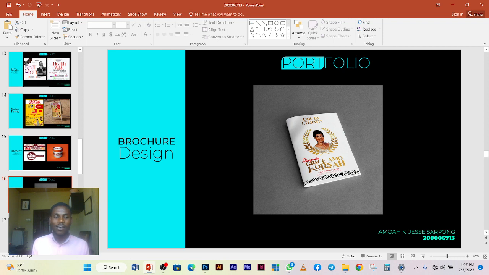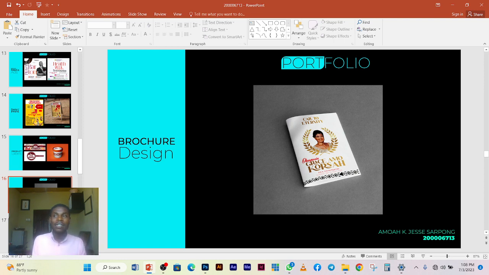They asked me to do something small for them to see, so I used InDesign for this particular book. For the cover I used Photoshop, but for the arrangement of the book I used InDesign. Because they are not all that familiar with InDesign, my boss said it's a good software, but it will take time for the staff members to adapt to it.